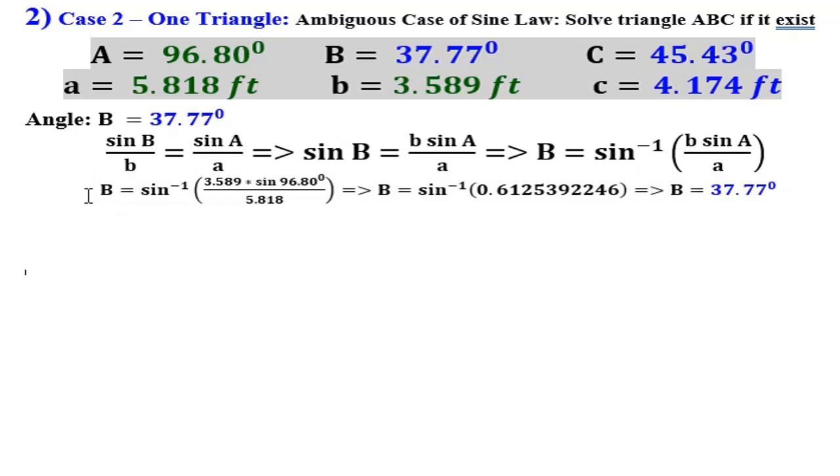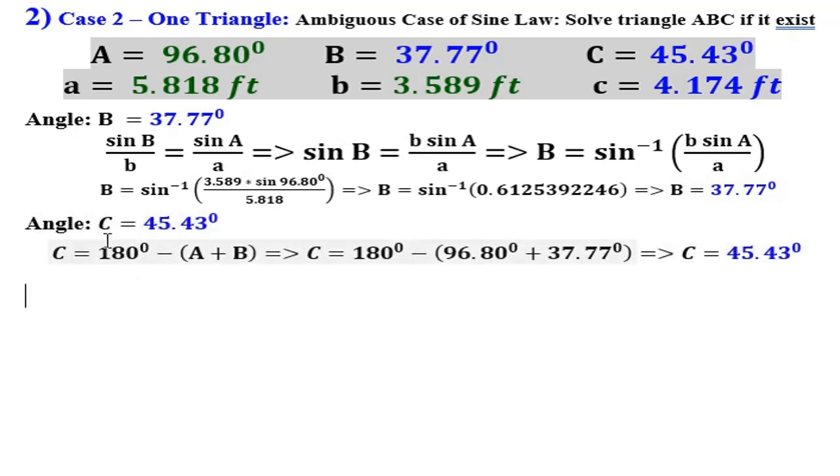That is B equals sine inverse of 3.58 times sine 96.80 degrees over 5.818, which is sine inverse of 0.6125, and so on. That is B equals 37.77 degrees.